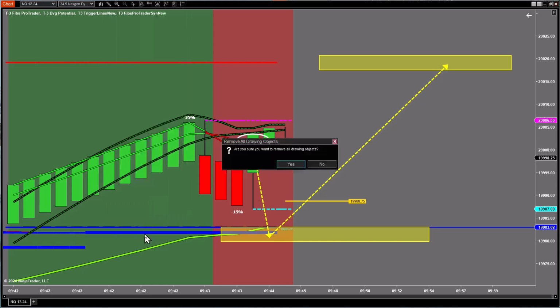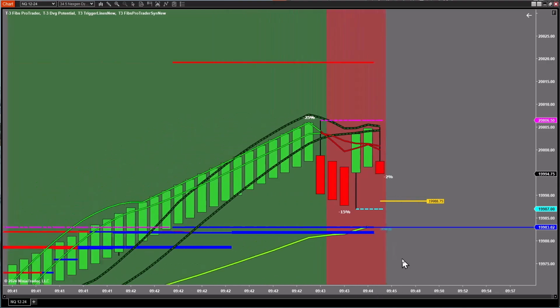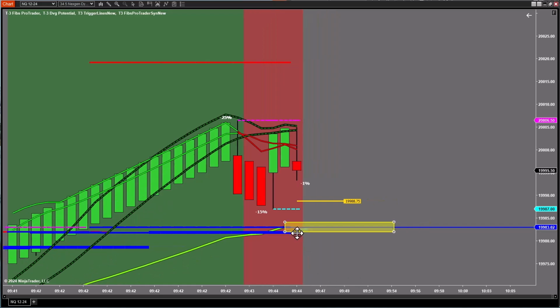All right, let me clean up all my mess here. Everybody okay with this? Can you guys see where the market has the potential to hold? Now, I don't know if it will hold here. That's not what I'm saying. It's just when we get to this spot, look at the location of my triggers.